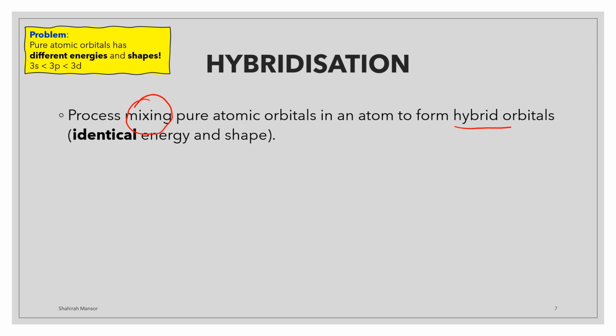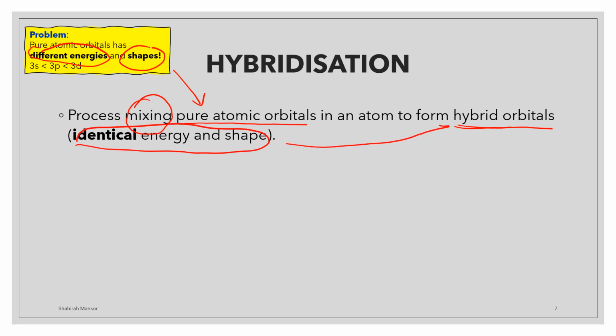So apa beza di antara pure atomic orbitals dan juga hybrid orbitals? Bezanya adalah pure atomic orbitals mempunyai different energy dan juga shape. Okay, but for hybrid orbitals, they will have identical energies and shape.